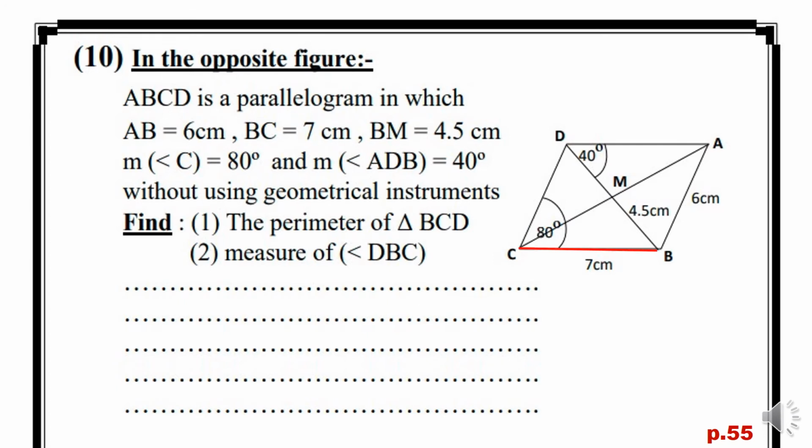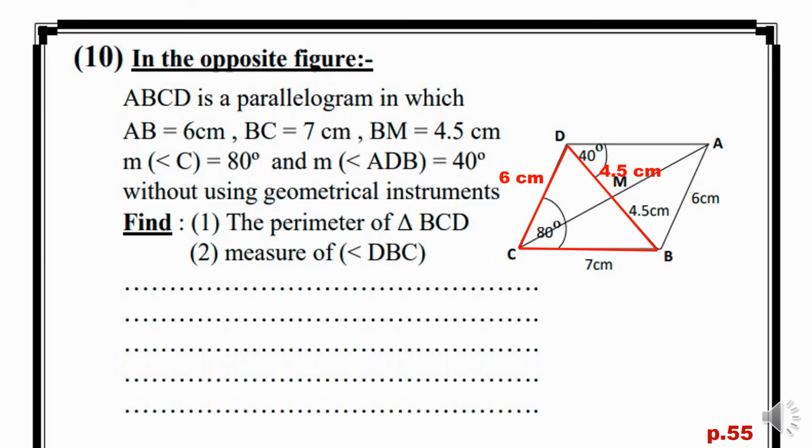So first I want to get the perimeter of the triangle BCD. Perimeter of a triangle equals side plus side plus side. So I have to get BC plus CD plus DB. I have the length of BC, which is 7 cm, and CD is equal to AB, equal to 6 cm, as each two opposite sides of a parallelogram are equal.